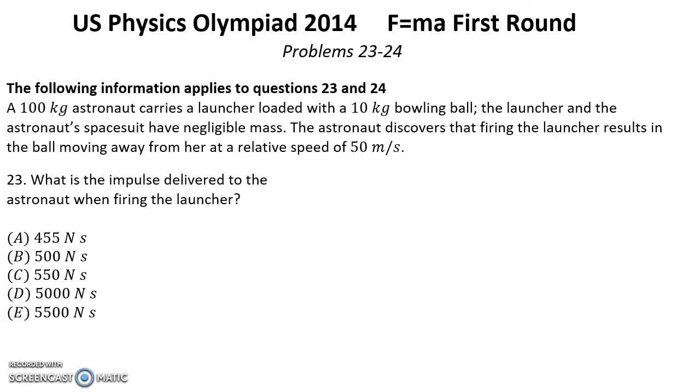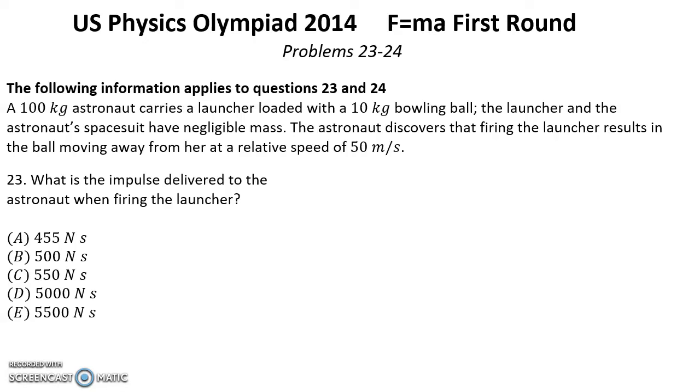Problems 23 and 24. The following information applies to questions 23 and 24. A 100 kg astronaut carries a launcher loaded with a 10 kg bowling ball. The launcher and the astronaut's spacesuit have negligible mass.